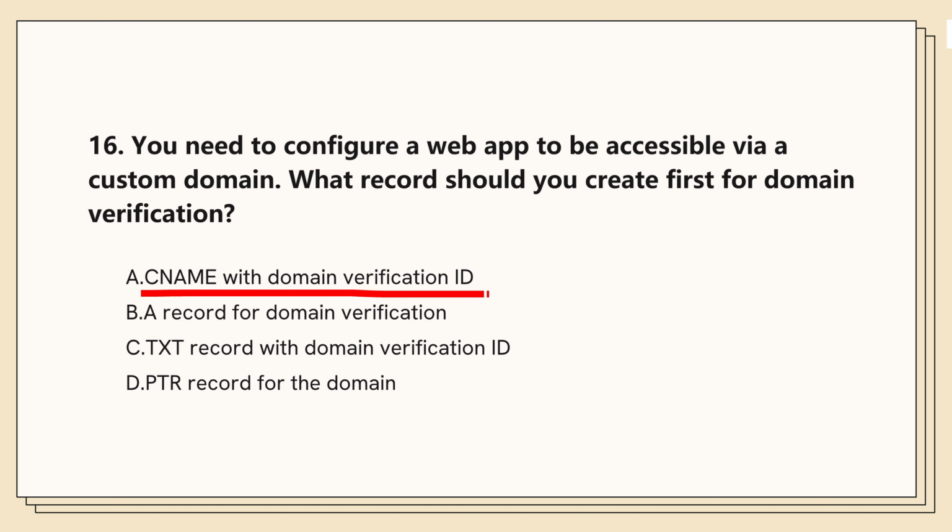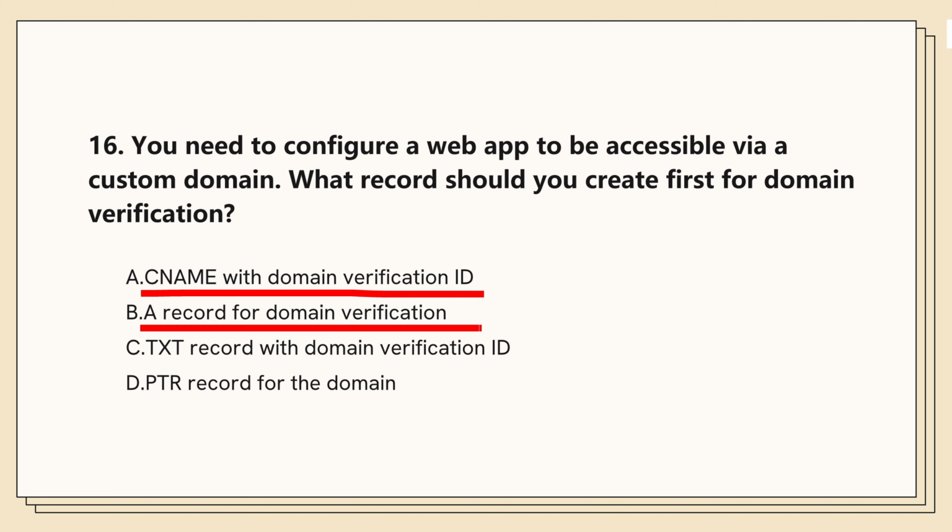A CNAME record helps point your custom domain to the web app, but it doesn't verify ownership, so it can't be used as the first step. An A record connects your domain to an IP address, not for proving ownership.